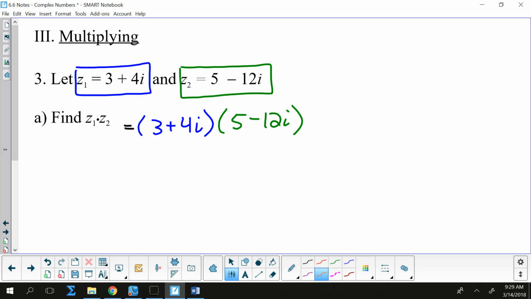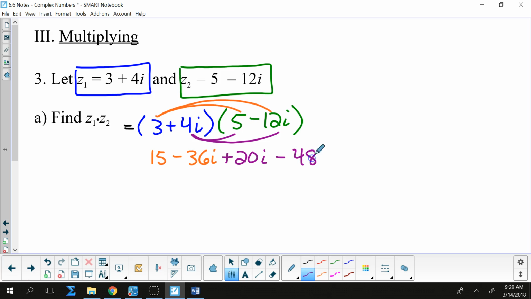So 3 times 5 is 15. 3 times negative 12i is negative 36i. 4 times 5, or excuse me, 4i times 5 is 20i. And 4i times negative 12i is negative 48i squared.